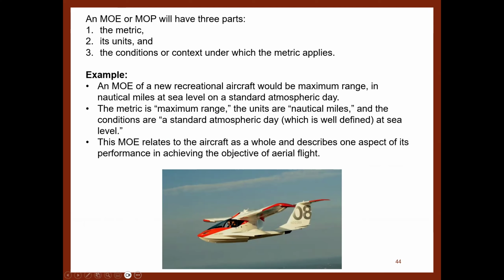MOE is at the system as a whole level. The metric is maximum range. The units are nautical miles, and the condition is a standard atmospheric day. This MOE relates to the aircraft as a whole and describes one aspect of its performance in achieving the objective of an air flight.